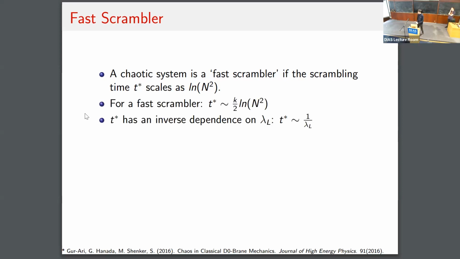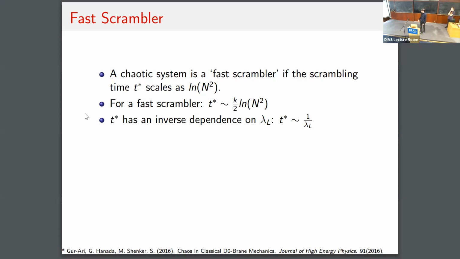Also we have to note that the scrambling time is the time it takes for this maximum distance to arrive.